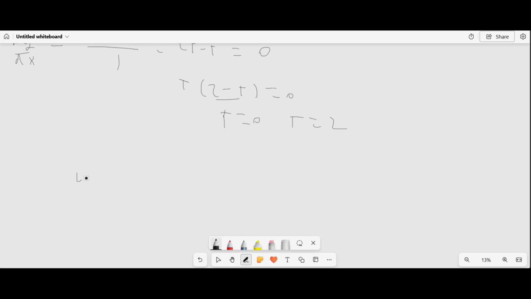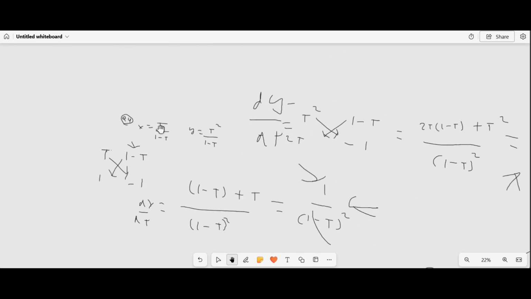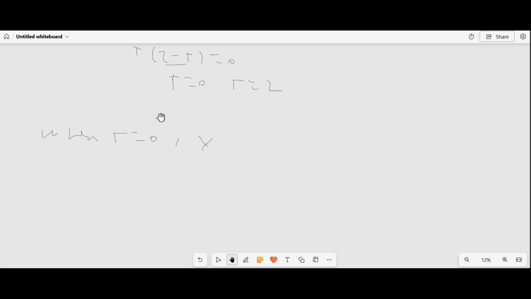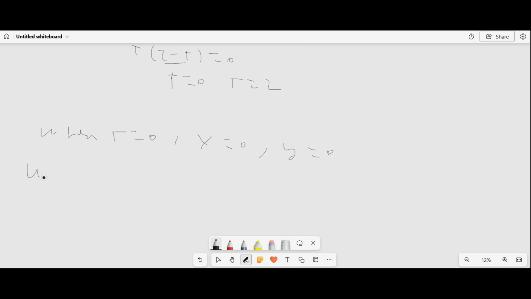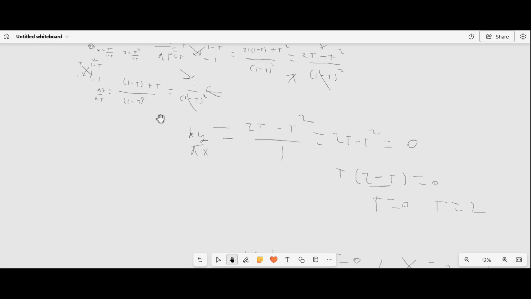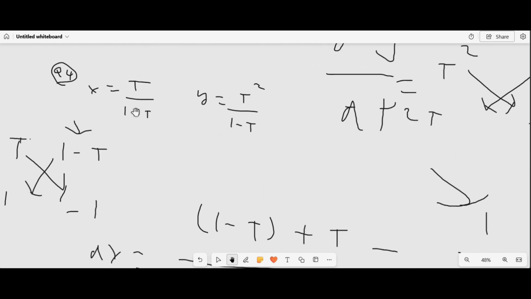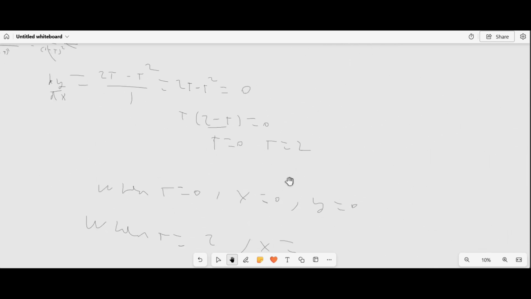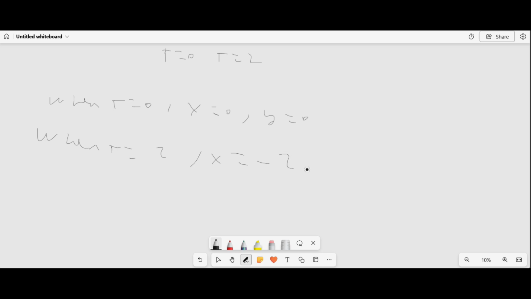So basically, when t equals 0, find x and y. X is going to be 0 divided by whatever, which is 0, and y is going to be 0 divided by whatever, which is also 0. So that's x equals 0 and y equals 0. And then when t is equal to 2, x is going to be 2 divided by 1 minus 2. 1 minus 2 is negative 1, so 2 divided by negative 1 is negative 2, so x is negative 2.